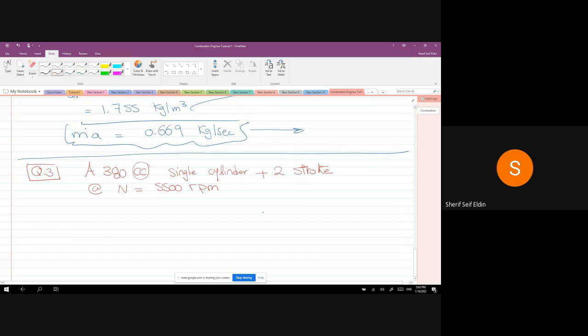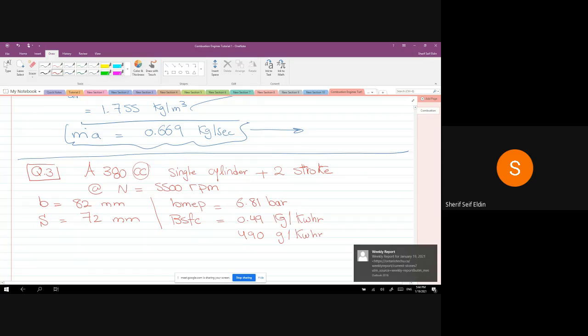The bore diameter is 82 millimeters. The stroke length is 72 millimeters. And brake mean effective pressure is also given to you, which is 6.81 bar, and brake specific fuel consumption is 0.49 kilogram per kilowatt hour, which is 490 gram per kilowatt hour.